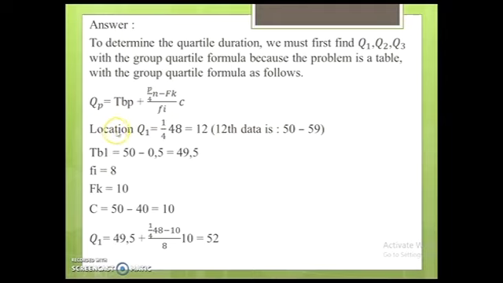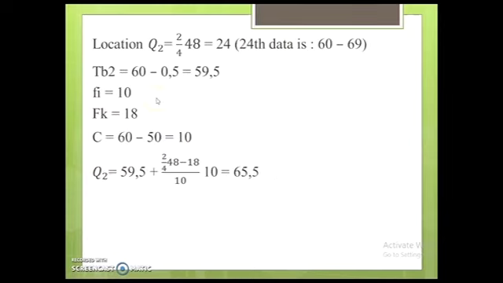Location K1 equals 1 divided by 4. K1 equals 52. Location K2.